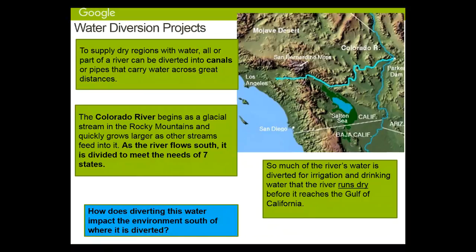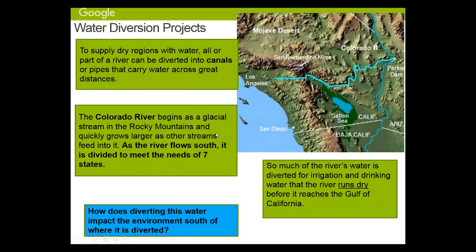It carries it over there. So if you see here, right here at Parker Dam, it flows over to Los Angeles to help them because they have a large population with growing needs and they're not able to meet the needs of their citizens, and so they've bought the water rights from the Colorado River.